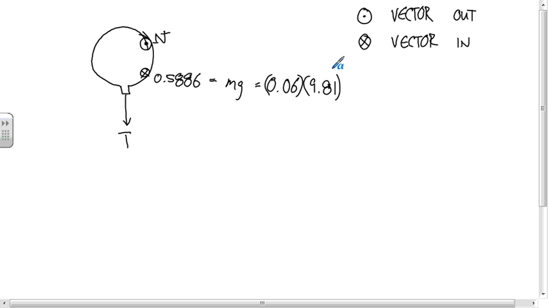All right. So now that's the free body diagram. Now we can write Newton's second law. The free body diagram gives us everything that goes on the left side. So we have 0, negative T. And now how do we represent the other two in our coordinate system? Well, the thing is, there's no way to represent them. The question is, how far this way and how far this way do you go to make a vector that goes 0.5886 into the page?